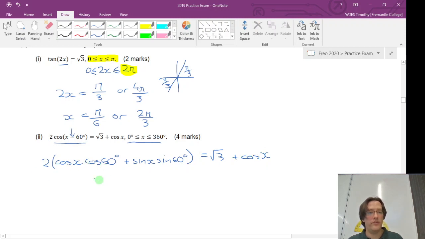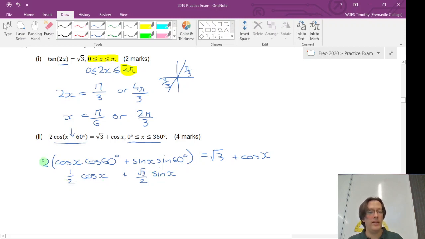Now, what's cos of 60? That's a half. What's sine of 60? Root 3 on 2. So 2 times, and I'll just simplify them down here. So that is half cos x plus root 3 on 2 sine x.